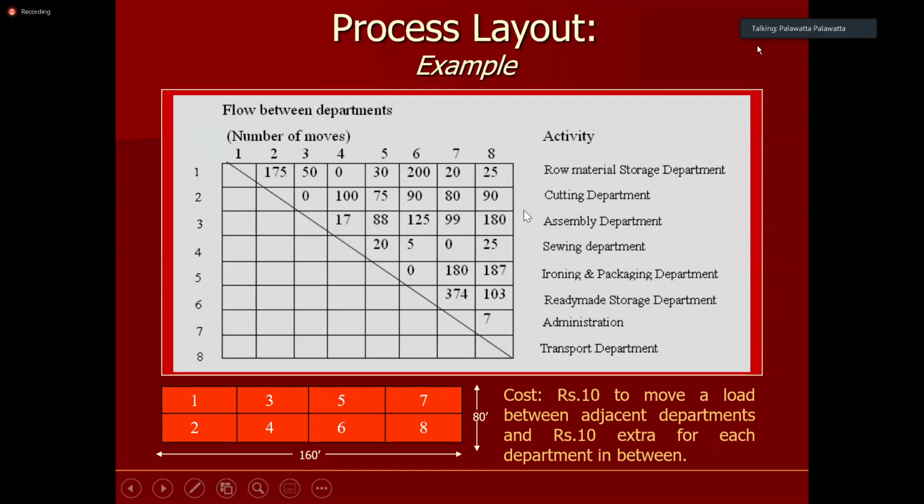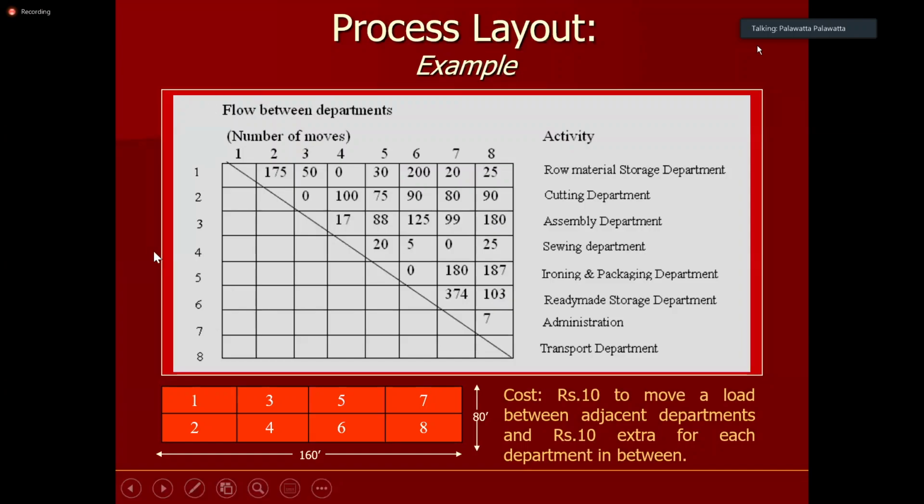Number 3 is assembly department. 4 is sewing department. 5 is ironing and packaging department. 6 is ready-made storage department. 7 is administration. 8 is transport department.